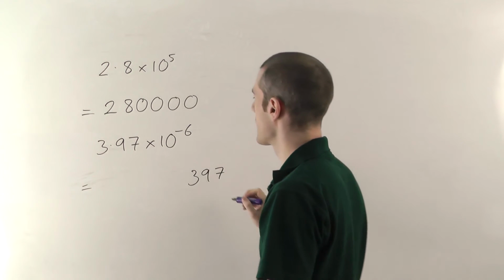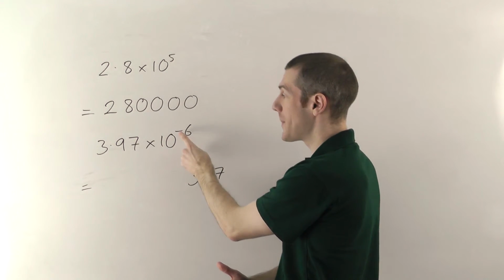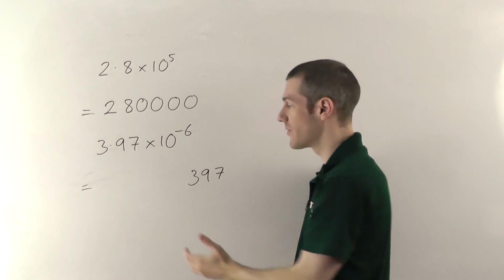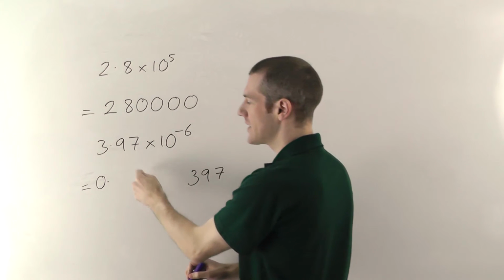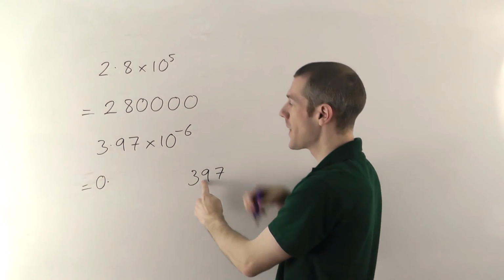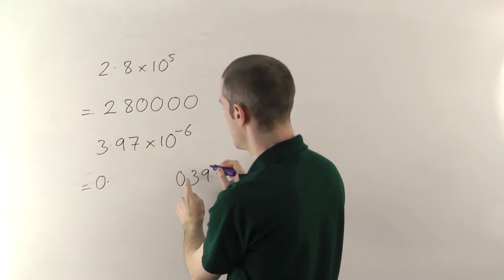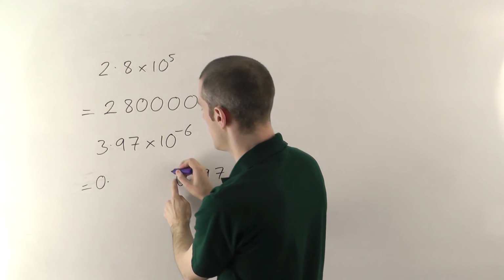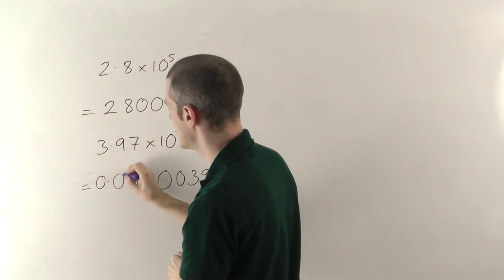So we need to move the decimal point 6 places. But because it's a minus 6, it's a small number, it's going to start 0 point something, and we've got to move it 6 places to end up here. It started between the 3 and the 9, it started here, we've got to move it 6 places. So over the 3 will be 1 to there, 2, 3, 4, 5, 6.